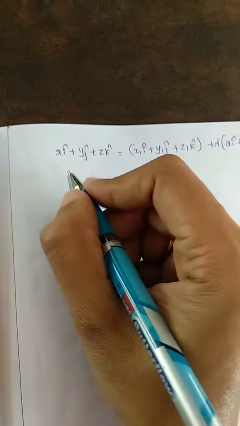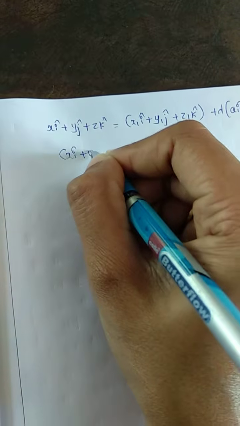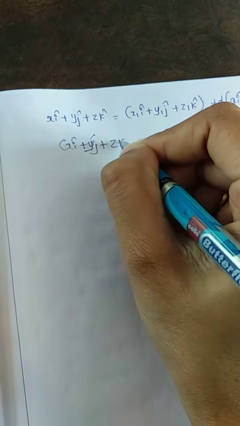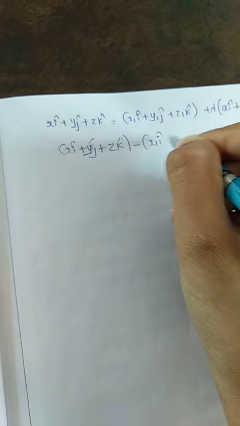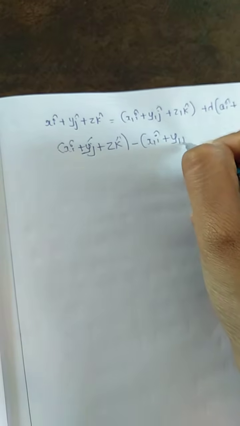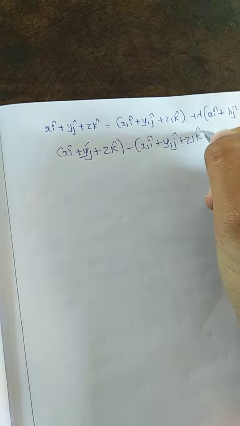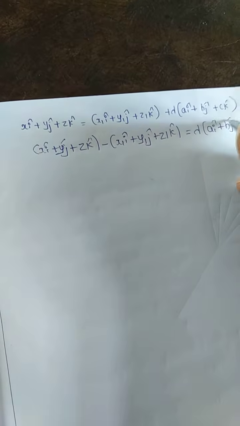Now we should write x i cap plus y j cap plus z k cap minus x1 i cap plus y1 j cap plus z1 k cap is equal to lambda into a i cap plus b j cap plus c k cap.